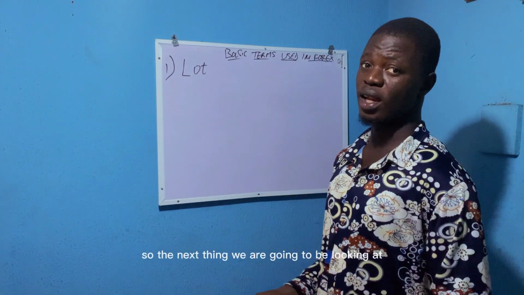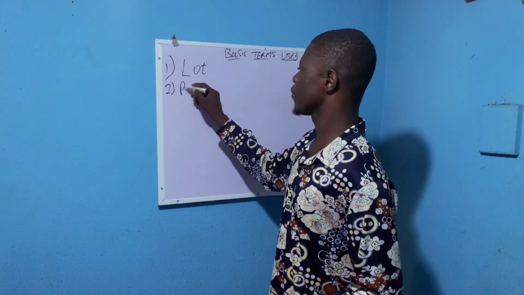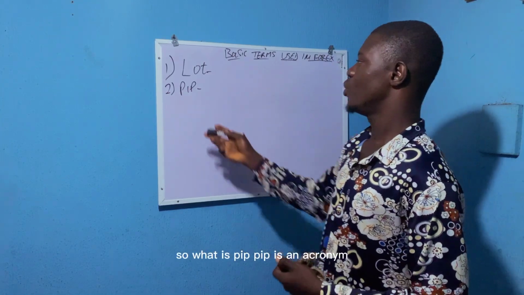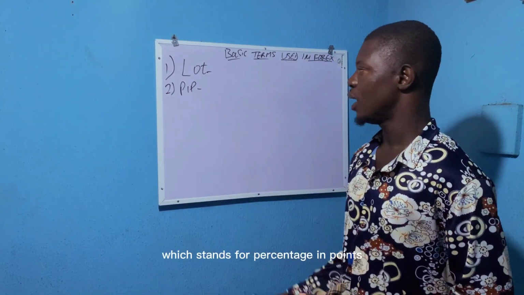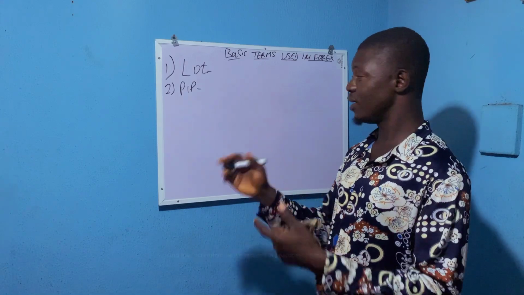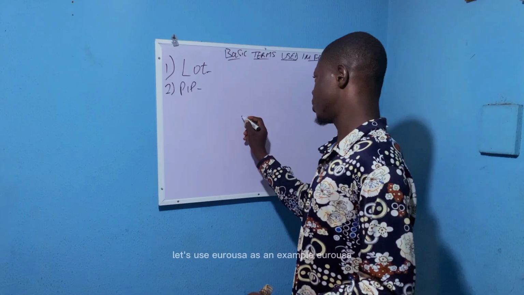So the next thing we are going to be looking at in this episode after lot size is pip. So what is a pip? PIP is an acronym which stands for percentage in points. Currency pairs move with tiny increments, and the increments are measured in pips. Let's use Euro USD as an example.